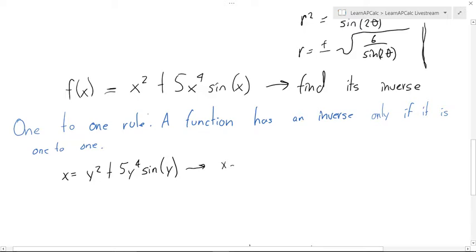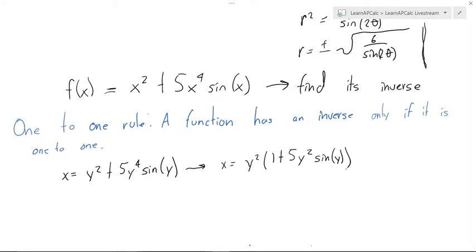Let's factor. So x equals y squared times 1 plus 5y squared sine of y. And okay, so here we can simply see that this function is not going to be one-to-one.